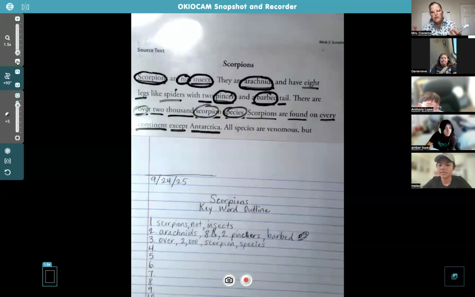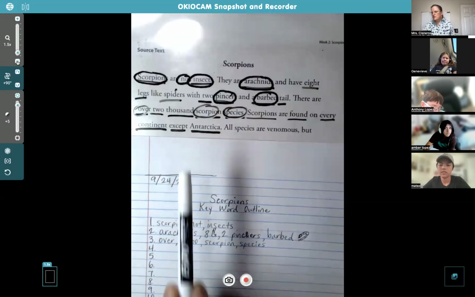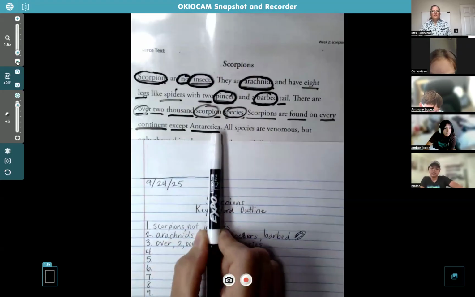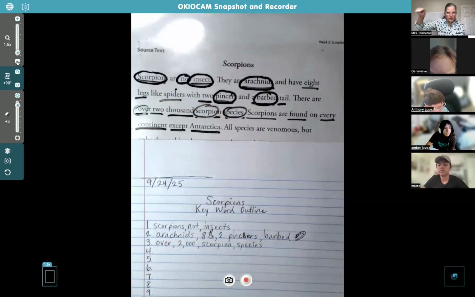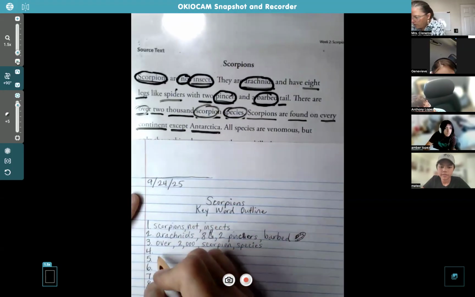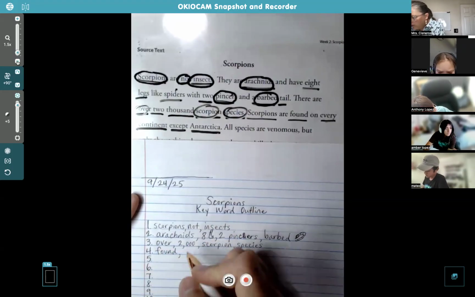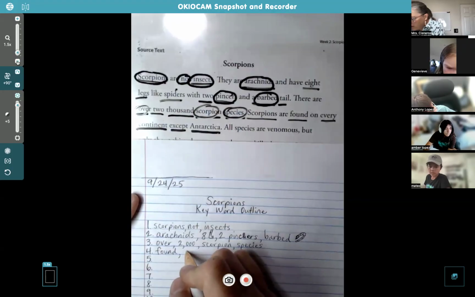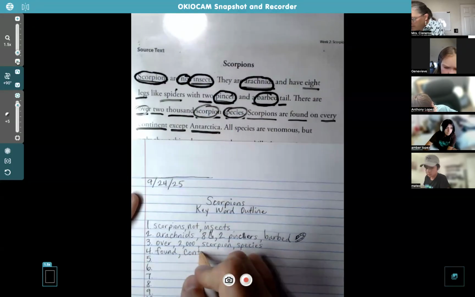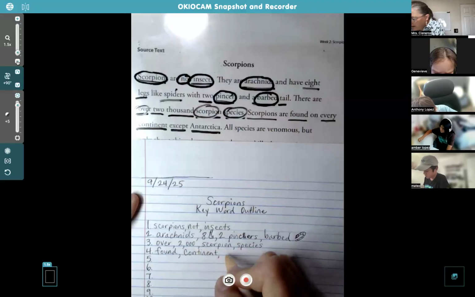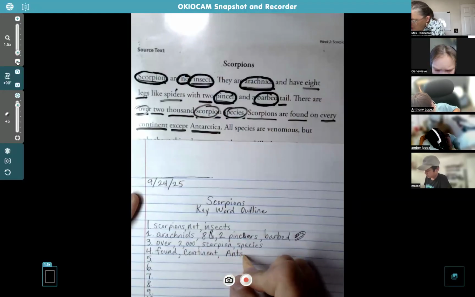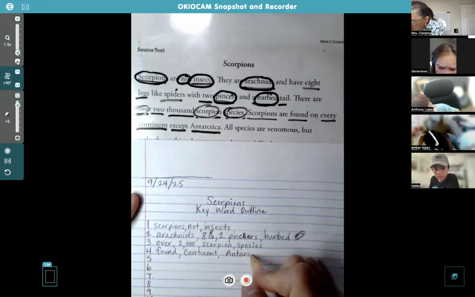They're not allowed. So, what if instead of the word except, we use Antarctica and we circle it and draw a line through it, and that tells us not Antarctica? Here's what I mean. Let's put found, and then continent, and then Antarctica.